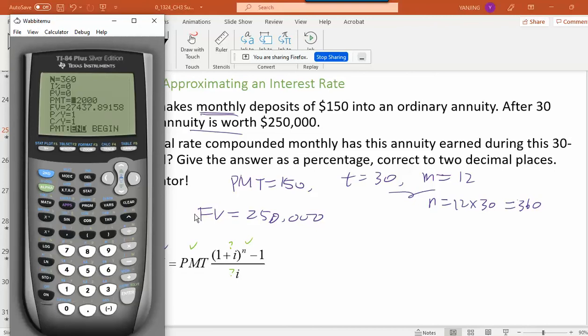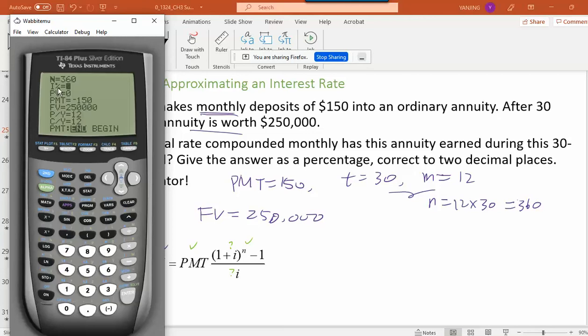And then the payment here is 150, so we use negative 150 in the app. Always use negative for the payment. Future value will be 250,000. Okay. And this is compounded monthly, so payments per year is 12. Compounding also monthly, and then payment is at the end, so that's right.